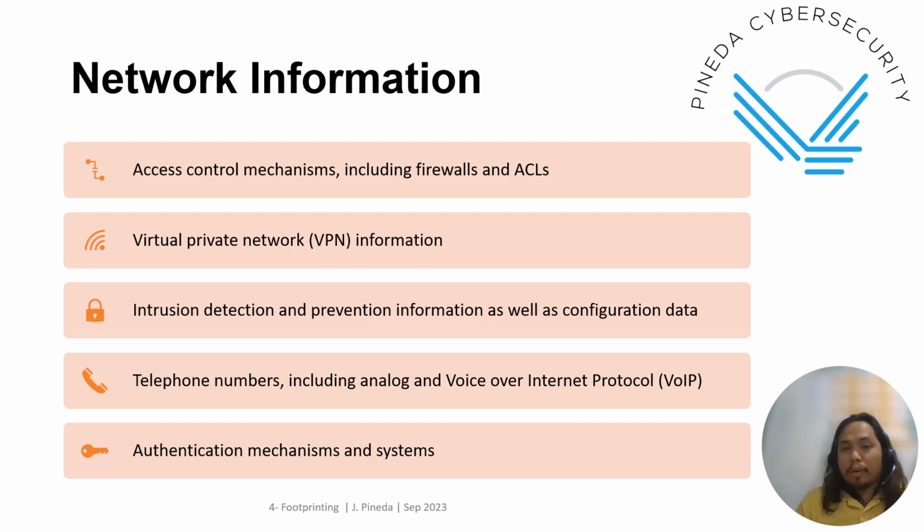Some of this you won't. You'll be able to get it during the scanning phase, okay, or during the vulnerability discovery phase. But if there is public information about this, then you might as well collect it. So at least during this phase, you'll have some information about your target.